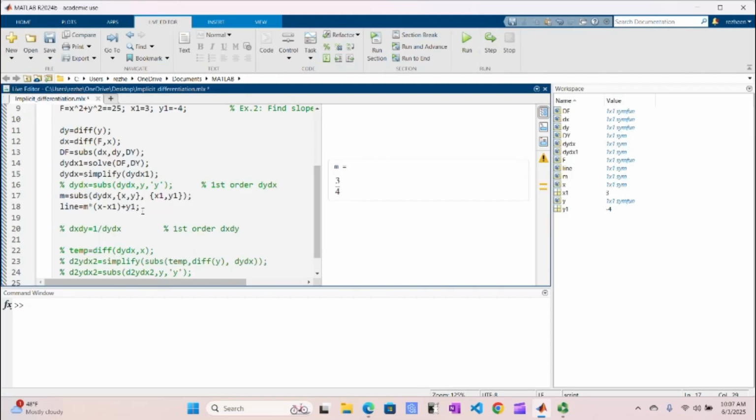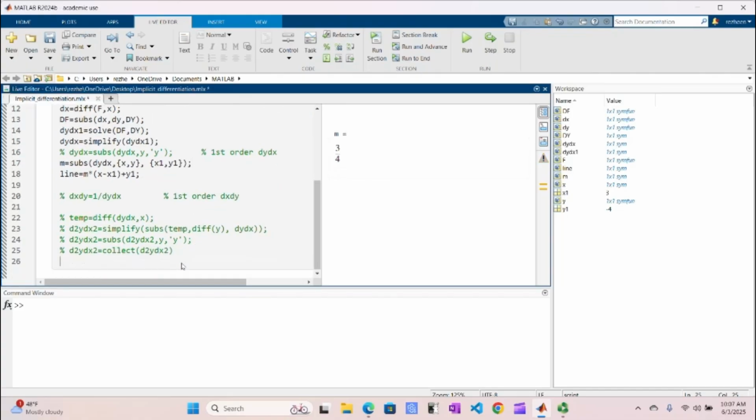All right, so now we're going to graph this example here. So I'm going to start graphing.